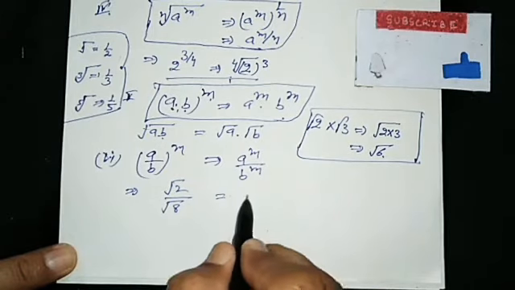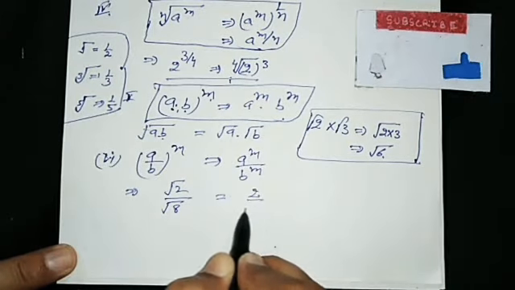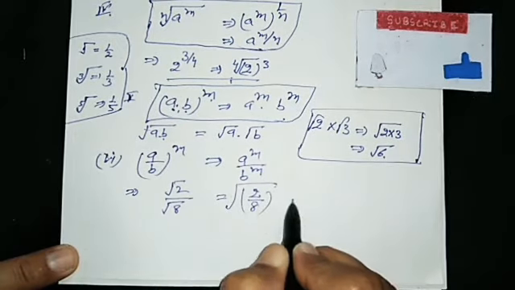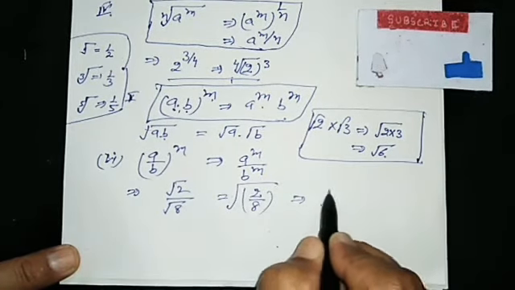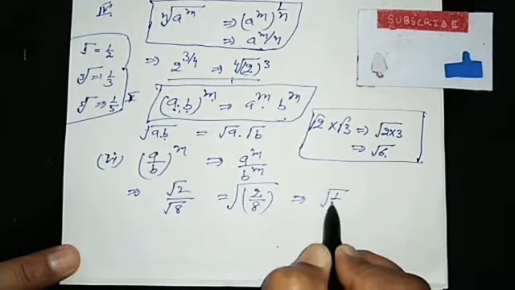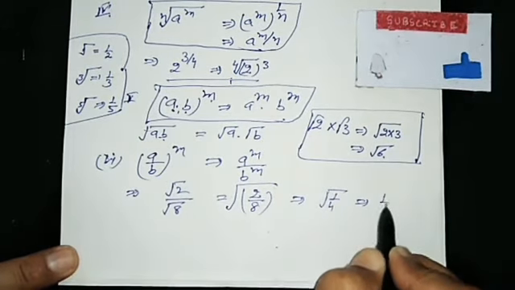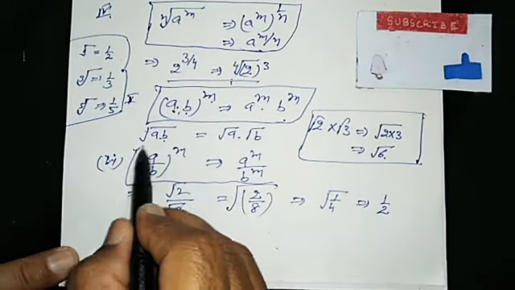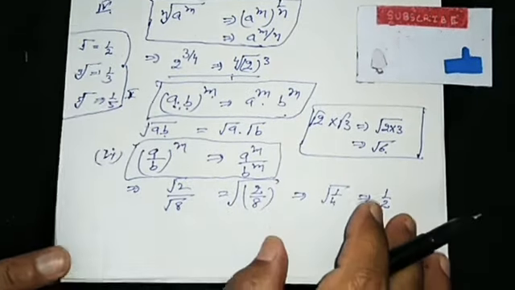As the power is the same, you can take it in the form of the common root, and when you see, this is 1 by 4 and this is 1 by 2, so this is the operation. So easy operations, not a difficult one.